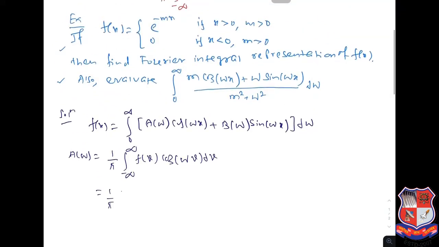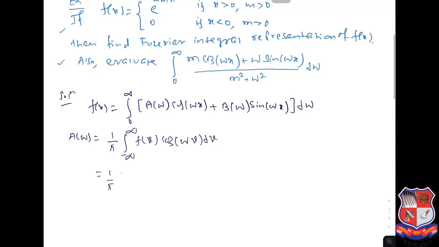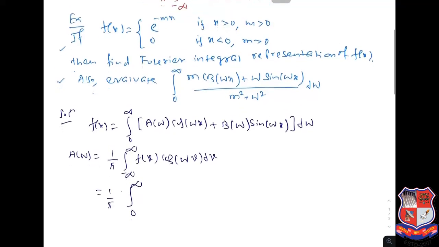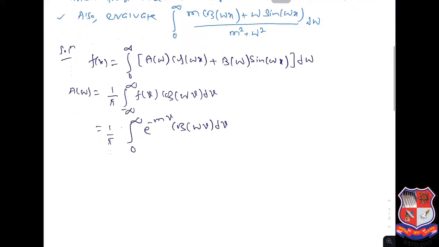You are given the function when x is greater than 0, it is e power minus mx. So we take 0 to infinity, and the value of the function is e power minus mv cos ωv dv.